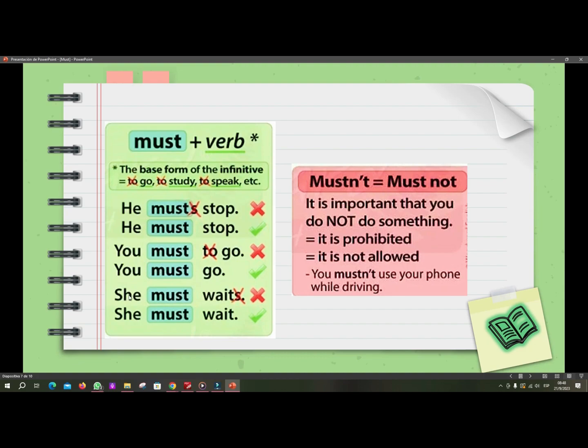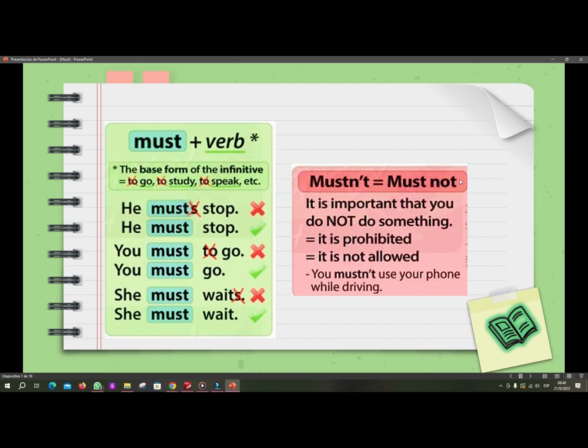You don't need that, okay? So, she must wait. Esto es lo que les decía, vean, no necesitamos utilizar la preposición to después del modal verb, no. Tampoco vamos a agregar s cuando estemos utilizando tercera persona, sino que el verbo en su forma base.